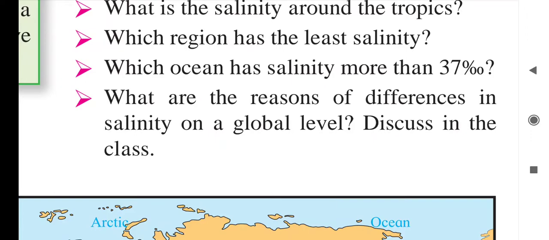As the temperature increases, evaporation also increases, so salinity will be more. Next is the supply of fresh water. If there is a supply of fresh water, then salinity will be reduced. And if it is not an open area, if it is a landlocked sea, then salinity will be more because no fresh water will come there. So these are the reasons responsible for the differences in salinity at the global level.